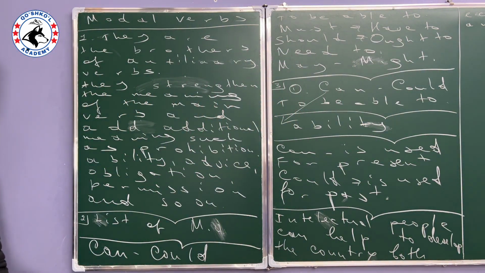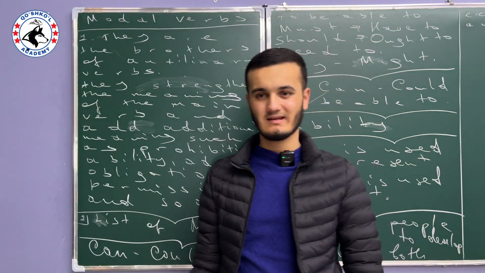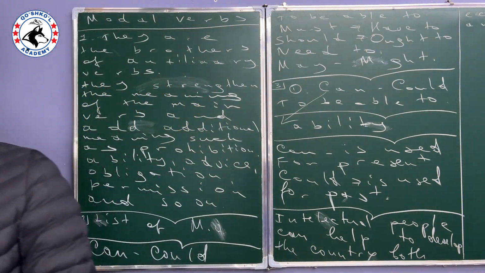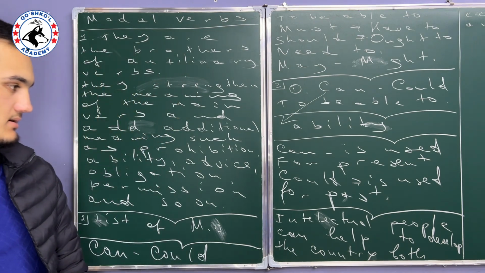Intellectual people means people who have high levels of intellect. Their brain works better than the others.